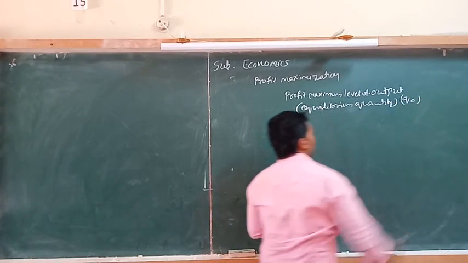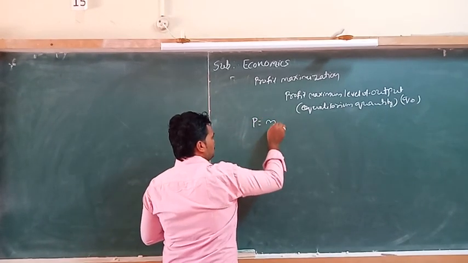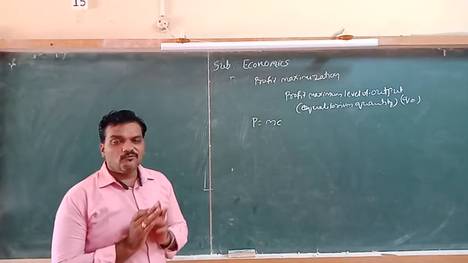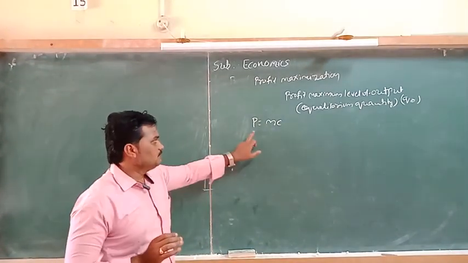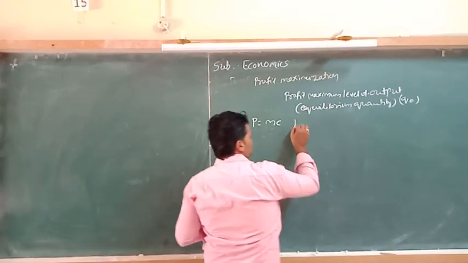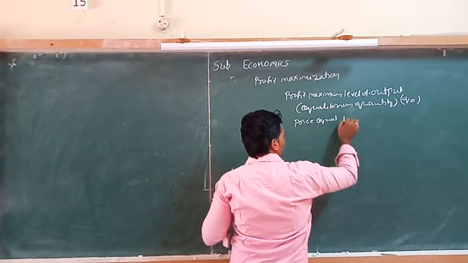The two conditions are, the first condition is P is equal to MC. That is, the firm has to fulfill two conditions to get maximum profit. One is P is equal to MC, that is, price should be equal to marginal cost.